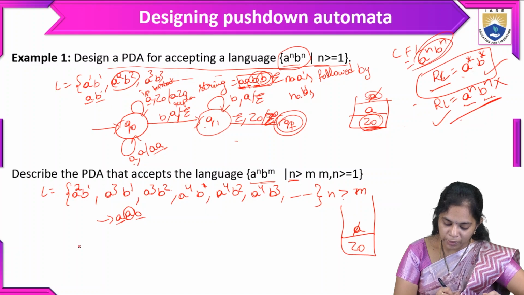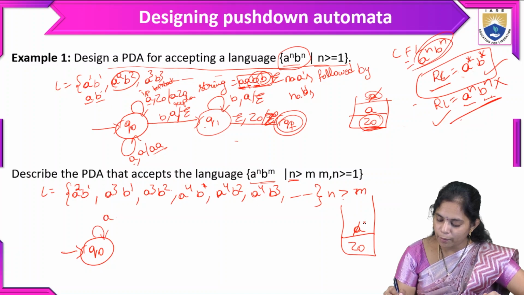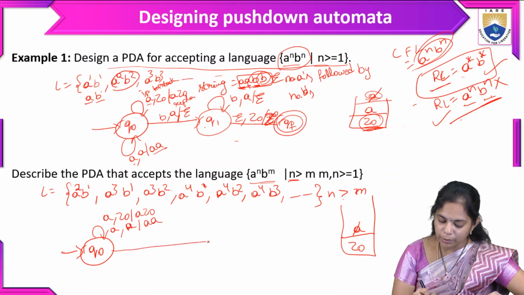How will we design it? Initially we have to start with Q0, and here we take A as an input. For the push or pop operation, while starting, Z0 is there and we need to push the value, and also we have the value A. The top of the stack symbol is again A, and we need to push the value into the stack. And whenever B appears, we need to pop the value.